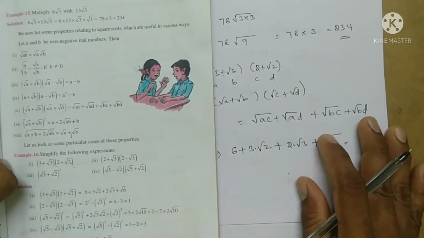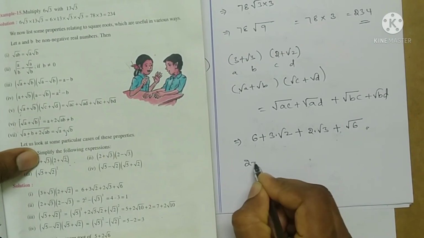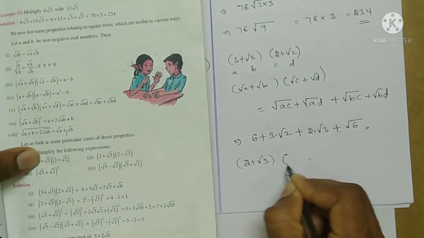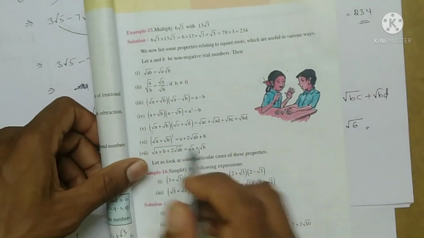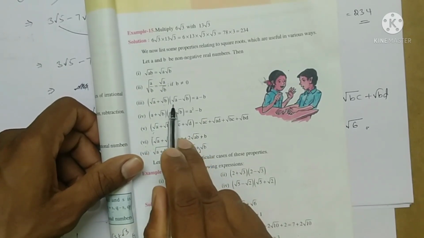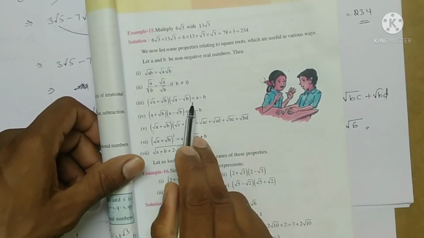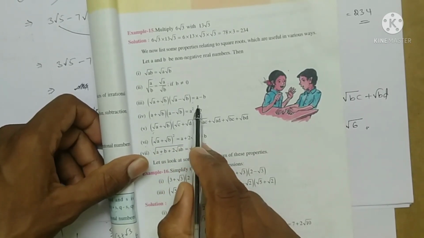Next question, 2 plus root 3 into 2 minus root 3. It is of the form root A plus root B into root A minus root B. It is nothing but A plus B into A minus B, which is equal to A square minus B square.